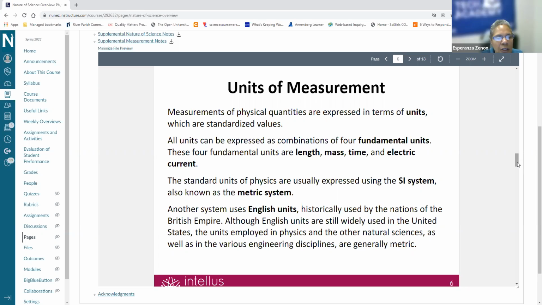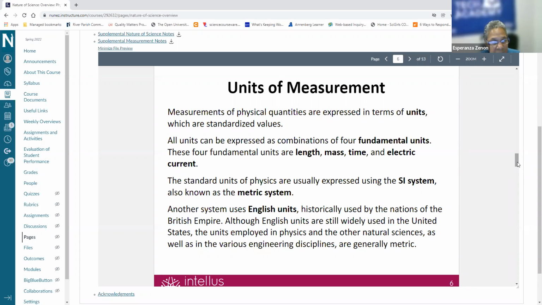And when we measure those fundamental properties, length, mass, time, and temperature, we need fundamental units. And if we want fundamental units, we have to be specific about what unit system we are going to be using. Now, in physical science, we use the metric system, the SI system, System International.